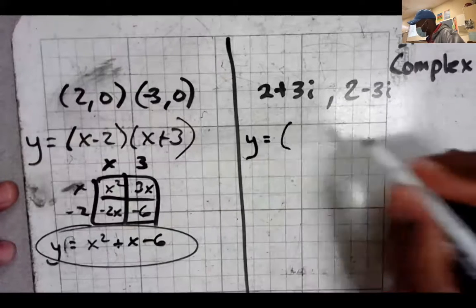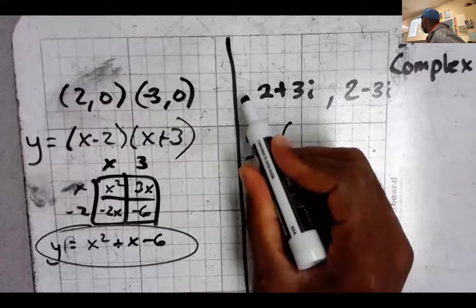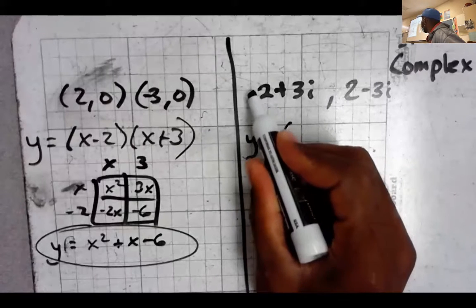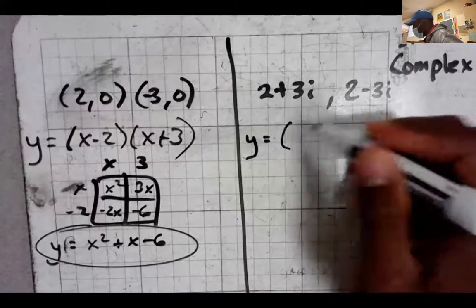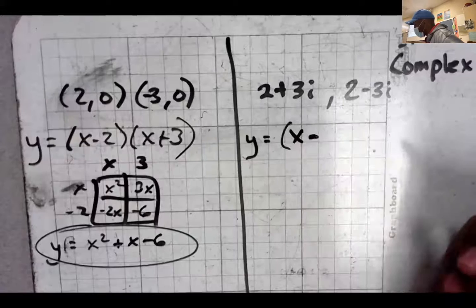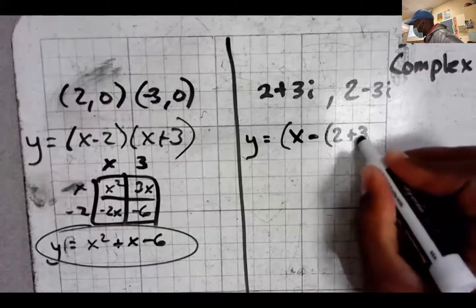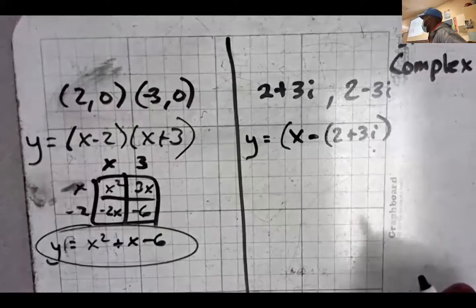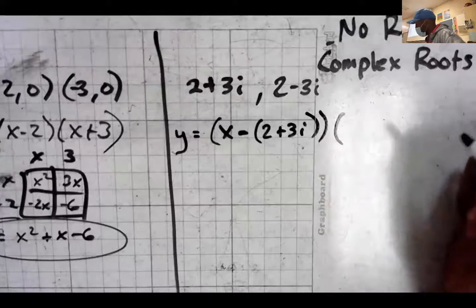All right. So now with this one, I do the same thing. Here, I look at the first number, and what I'm going to do is subtract it, because it's positive 2. So I'm going to do x minus that whole thing, like this. And then I'm going to do it again.